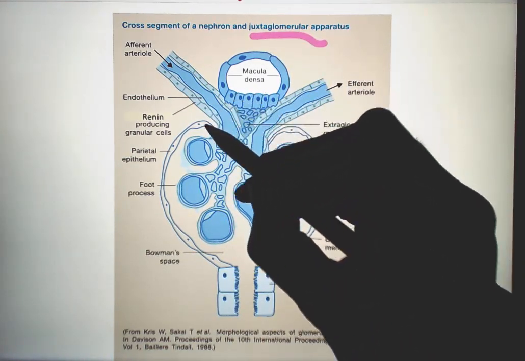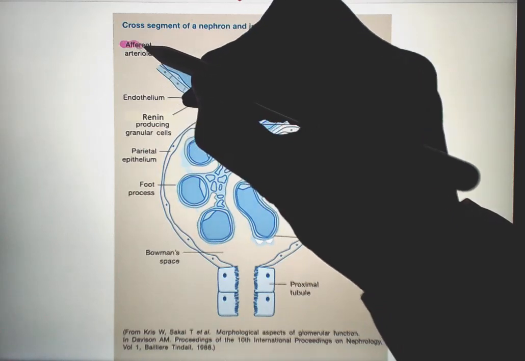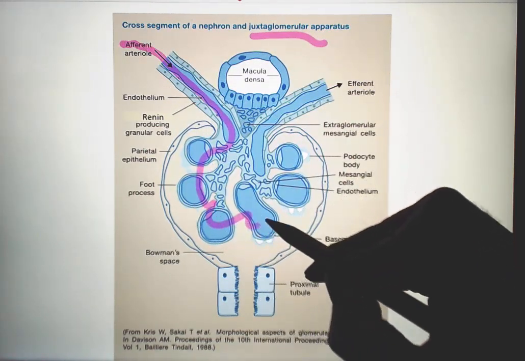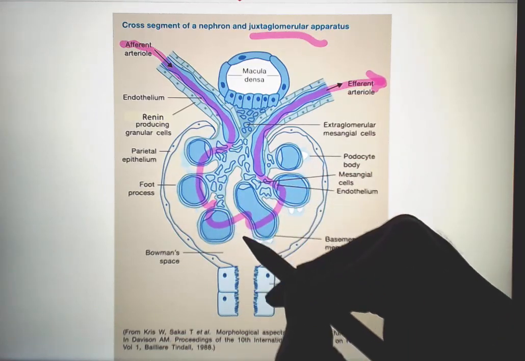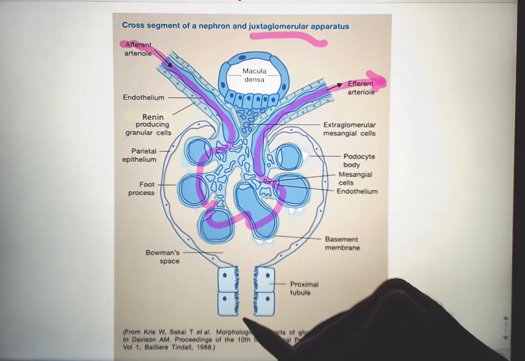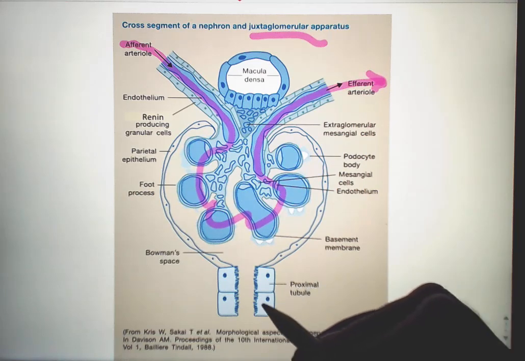The JGA is this region in here. To remind you, blood comes in through the afferent arteriole, goes through all these capillaries and out through the efferent arteriole. Water, waste molecules, and valuable molecules pass into the proximal tubule, valuable molecules reabsorbed.